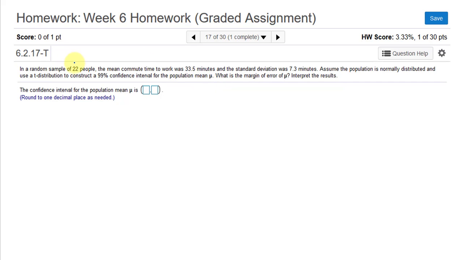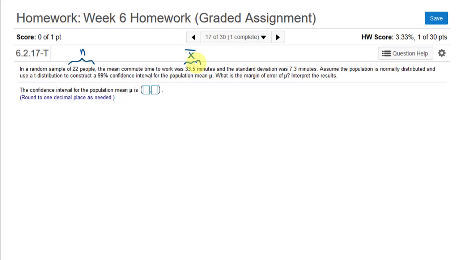Okay, so we are given the sample size. This is the sample size n, so your n is equal to 22, and your sample mean, the mean of these 22 samples, is your x bar.